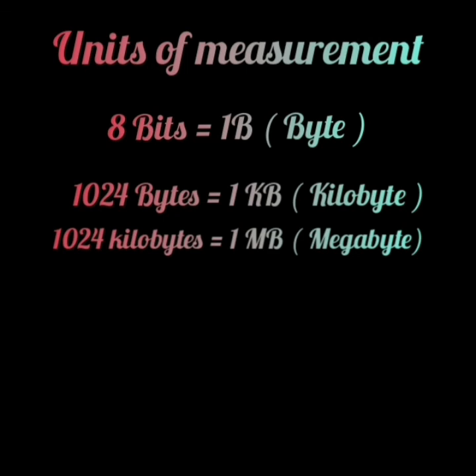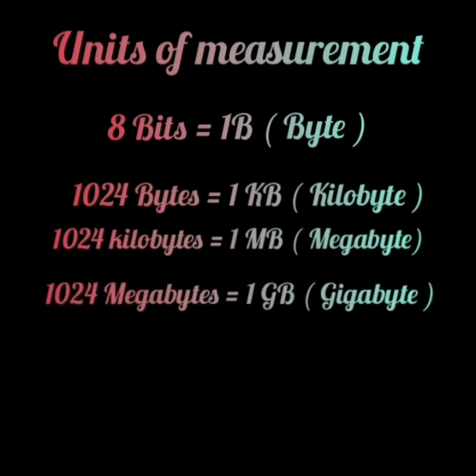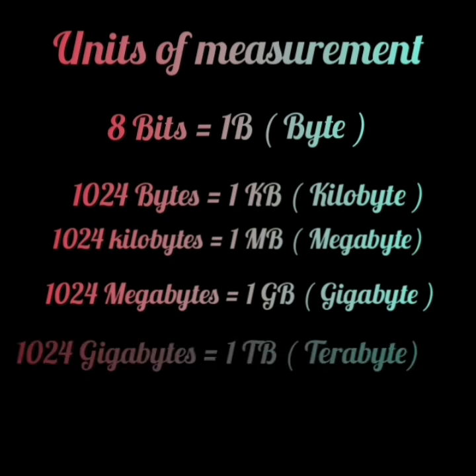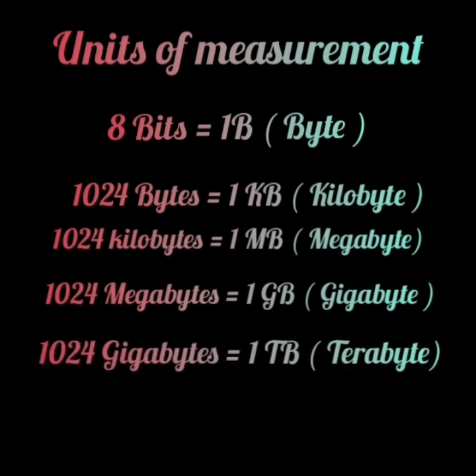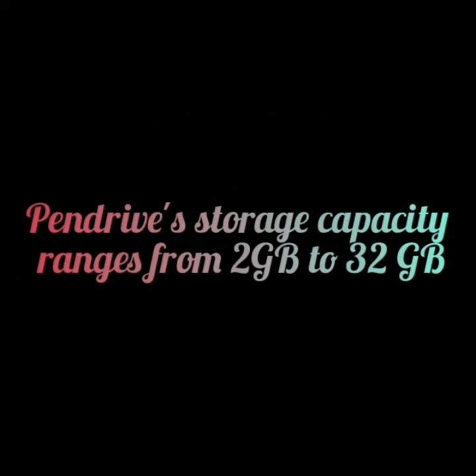Its short form is MB. 1024 megabytes is equal to 1 gigabyte. Its short form is GB. 1024 gigabytes is equal to 1 terabyte. Its short form is TB. For example, a pen drive's storage capacity ranges from 2 GB to 32 GB.